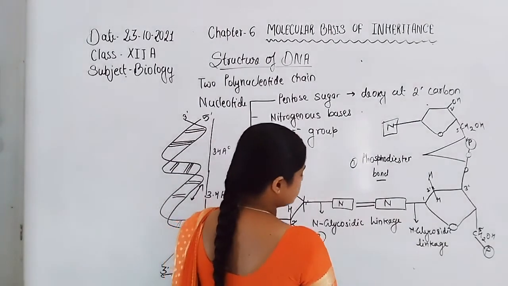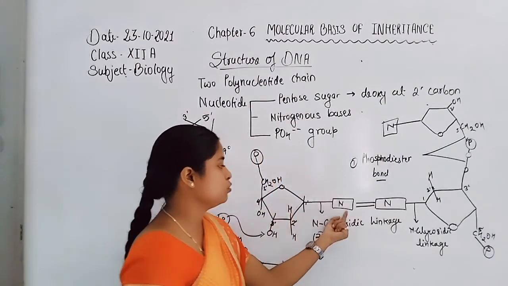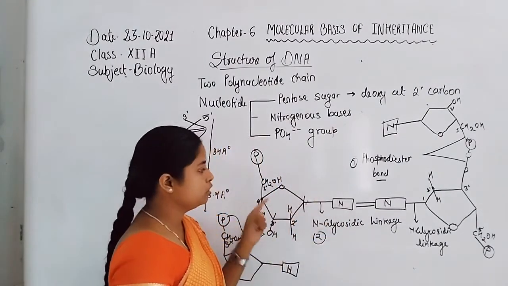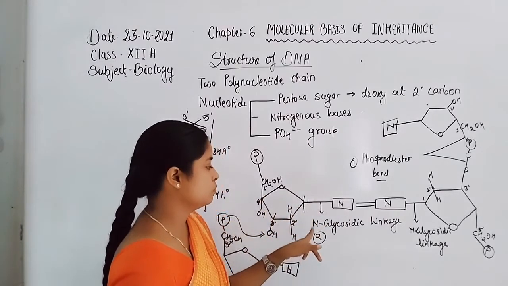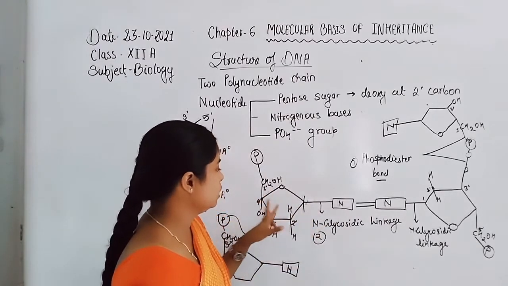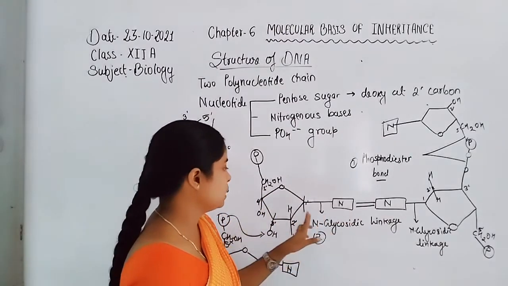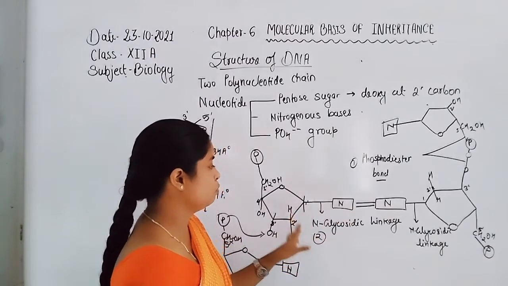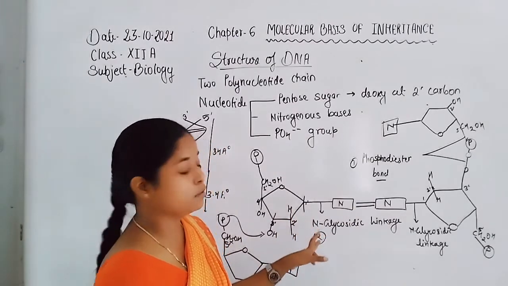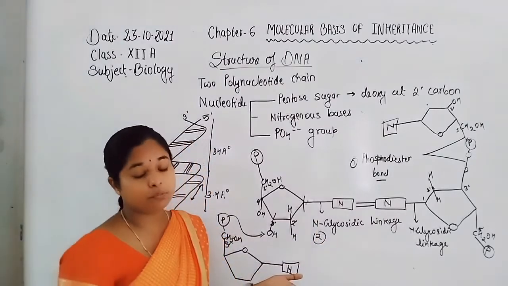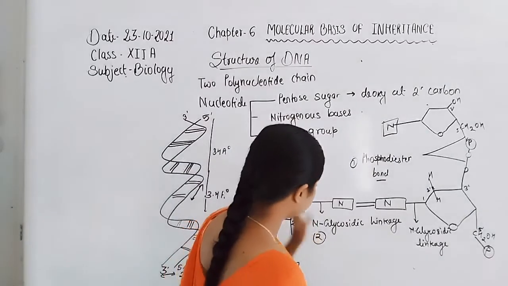Now another bond is the N-glycosidic linkage, which is present between the nitrogenous base, either purine or pyrimidine, and the pentose sugar. Because the nitrogen is involved in making the bond with the sugar, this bond is known as the N-glycosidic linkage, after the removal of one water molecule.